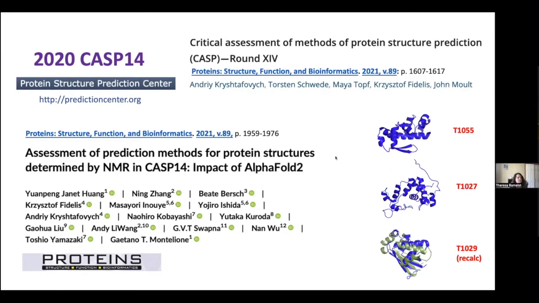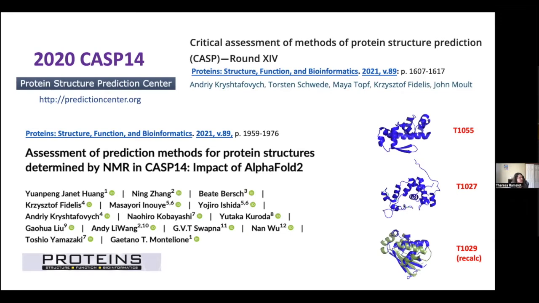So this paper by Janet Wong from our lab went back and did an analysis of these 3 NMR structures, and worked with the authors of this structure and ended up recalculating a structure because there were some problems with the original structure that Nick Fowler had pointed out. This structure didn't have a complete NOESY peak list, and some of the assignments were a little bit wrong. So they ended up recalculating the structure.